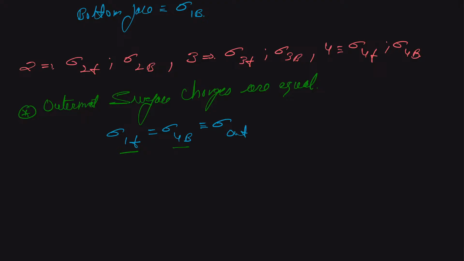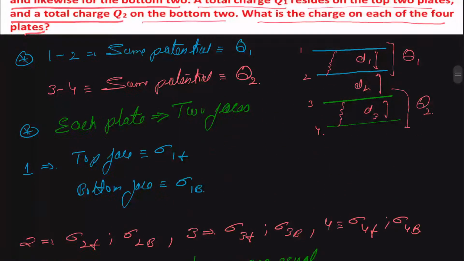This is also true from our Gauss law, using the pillbox concept. Okay. And we also know that the total charge will always be conserved. It means the sum of all charges will always be equal to Q1 plus Q2, because the respective charges are given to us as Q1 and Q2.